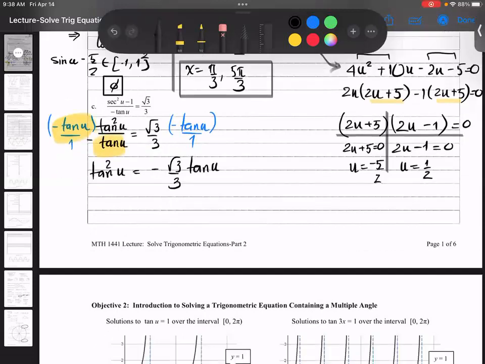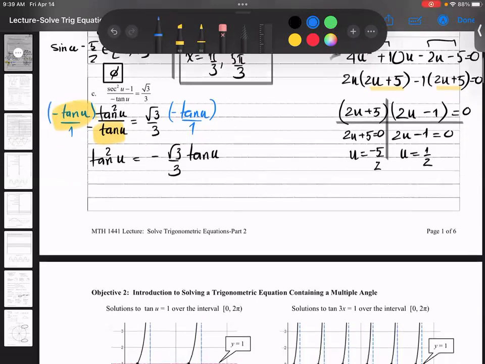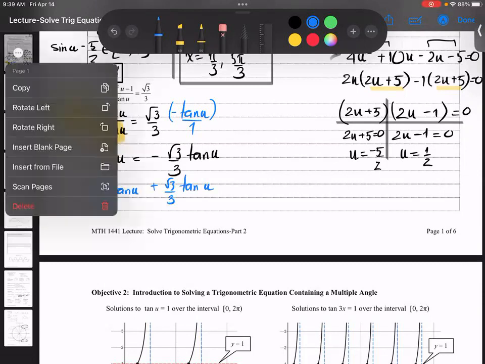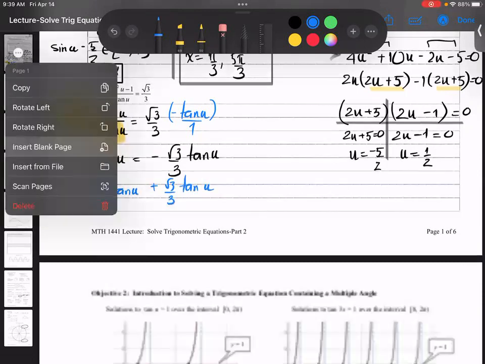Do you see a quadratic equation here? I have a square and a non-square, right? So when you see a quadratic equation, move everything to one side. So I'm going to add √3/3 tangent u to both sides. So that right hand side cancels.